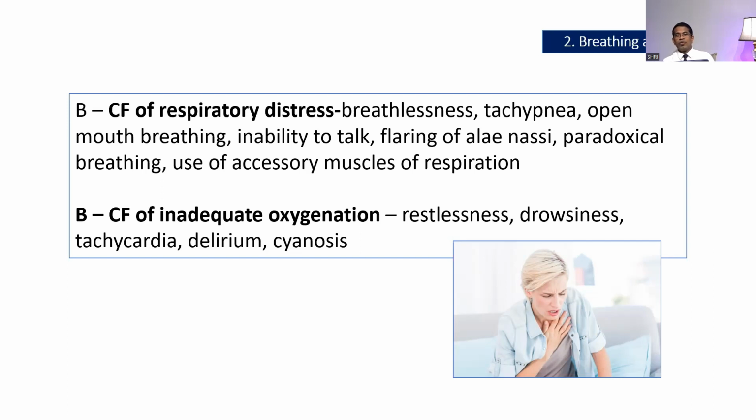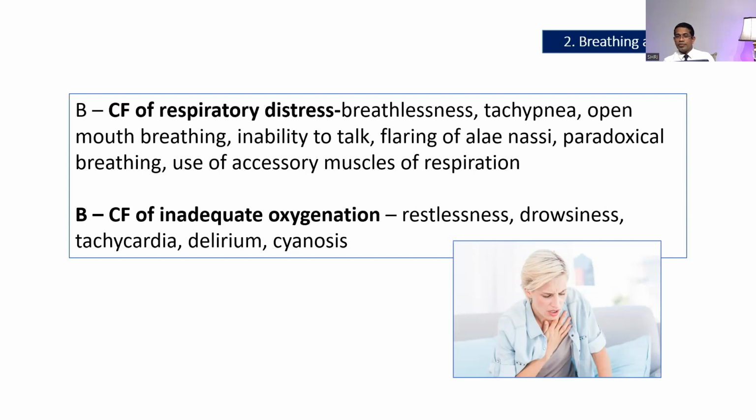For example, if you hear a gurgling sound, you know that definitely the patient has some secretion in the oropharyngeal area. And if the patient has a stridor, you know that the patient has an imminent upper airway obstruction, basically a critical partial upper airway obstruction. I know you all know how a patient comes with stridor.